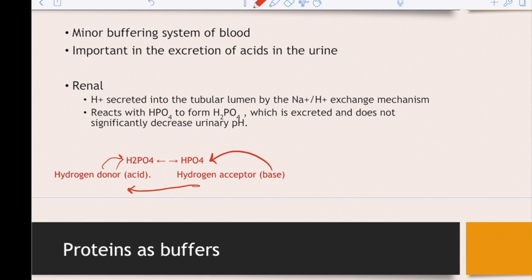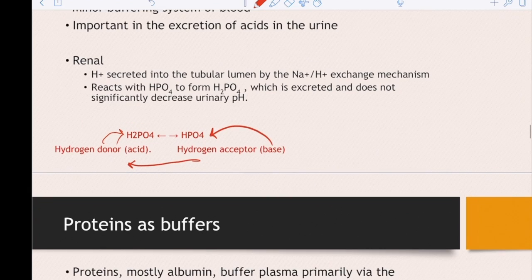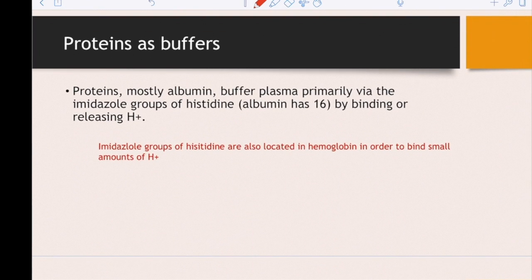That's why we say it's just a minor buffering system of the blood. But it does get some of the acids excreted out of the body through the urine. So that's just one way that we can get rid of excess acid in the body, is to excrete it out with the urine. Like I said before, we also have some proteins that are used as buffers.